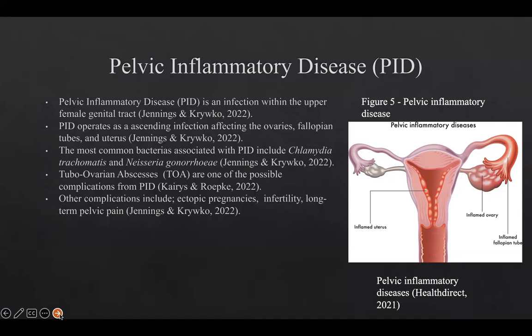This causes swelling and infection of the endometrium, fallopian tubes, pelvic peritoneum, and in some cases, a tubo-ovarian abscess. Ectopic pregnancy, infertility, and persistent pelvic pain are PID side effects.